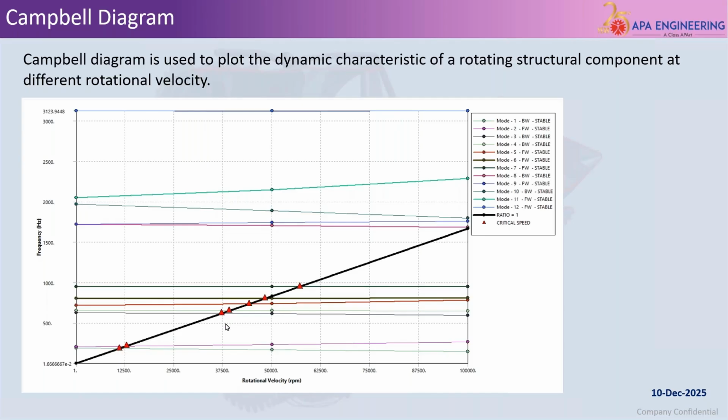These triangles are the critical speeds, and from this information, designers can see if there are any critical speeds in their operating range, which can be really helpful.